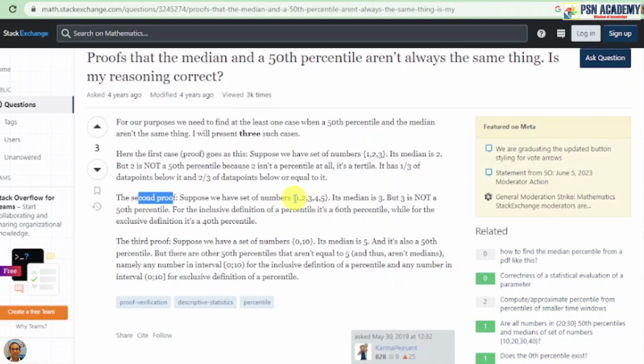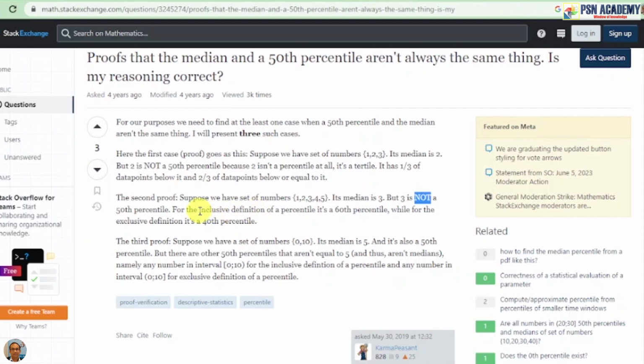He has taken 5 numbers, 1, 2, 3, 4 and 5, and the median is 3. That's right. But 3 is not a percentile. So he is writing it in capital letters. Okay, he is stressing on this word, not a 50th percentile. Now, what is his justification?